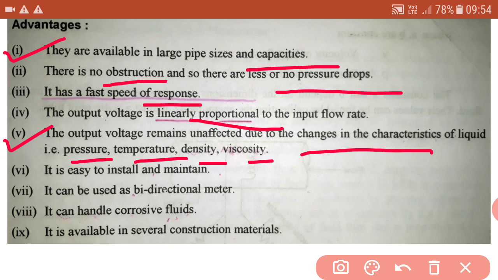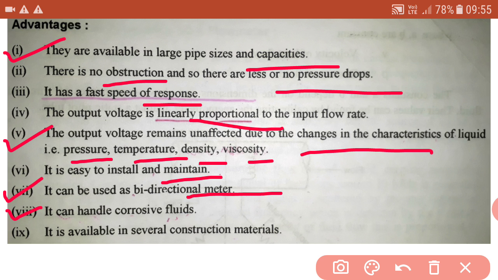So this is the advantage for us. It is easy to install and maintain. Another advantage is it can be used as a bidirectional meter. It means from left to right or from right to left, in both directions we can use.